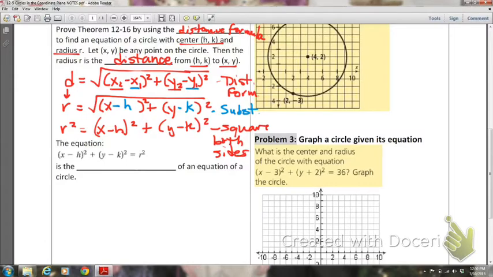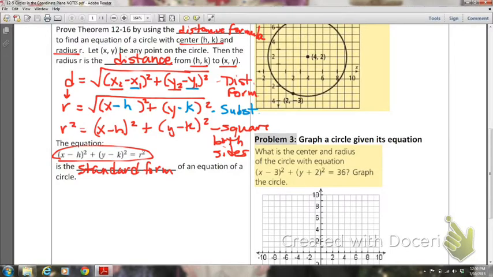And that gives you the equation of a circle. So this equation is called the standard form. So if you ever have a problem that asks for the equation of a circle in standard form, this is the form that it wants it in.